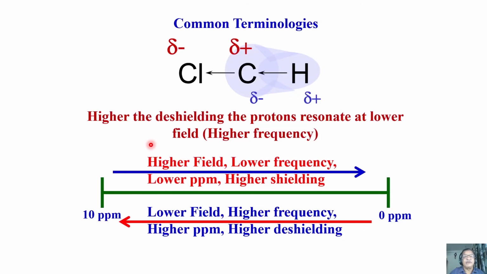These are the common terminologies we use. Don't forget this. When you read the NMR spectrum going from left to right, these are the terminologies we always use: higher field, lower frequency, lower ppm, and higher shielding. Going from right to left is lower field, higher frequency, higher ppm, and higher de-shielding.